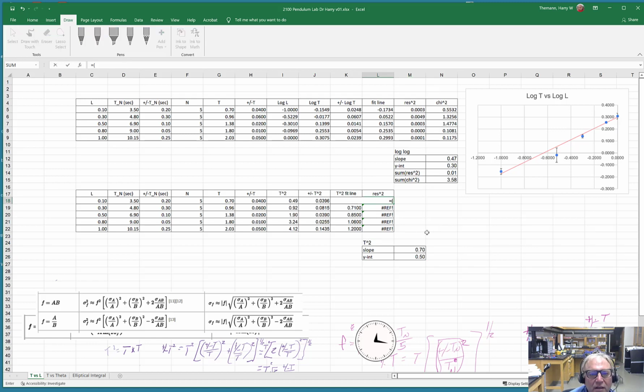Okay, so the data minus the fit. Oh, it's not going to get it, huh? Well, I'll just change that to an L. And then I want to close it and square it. And it's wrong.